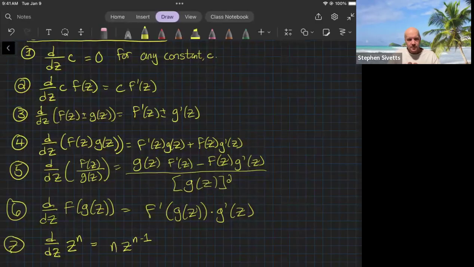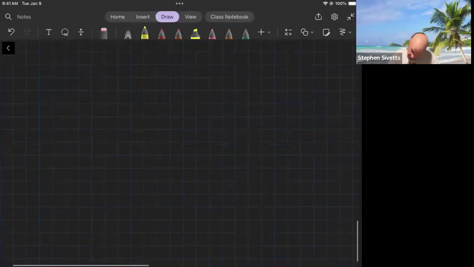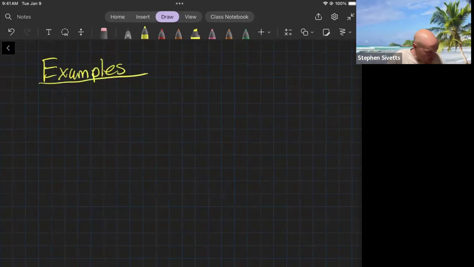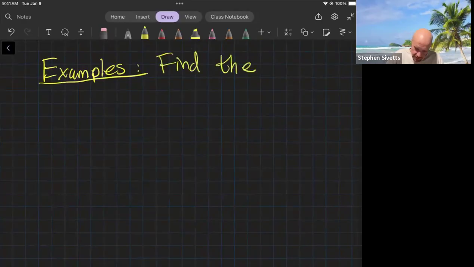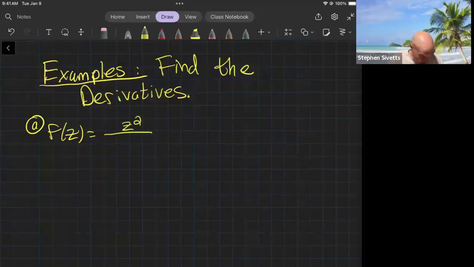Okay, so let's actually see how these are used in a specific example, or examples. All we do here is just find the derivatives of the following functions. So if I have one function like this, z squared over 3z plus 5.